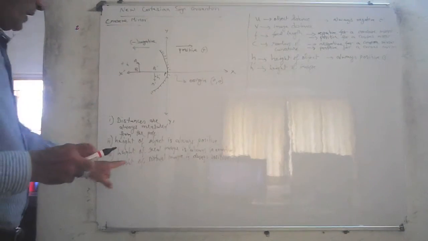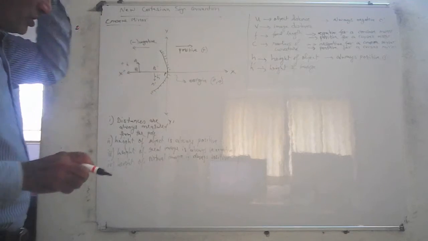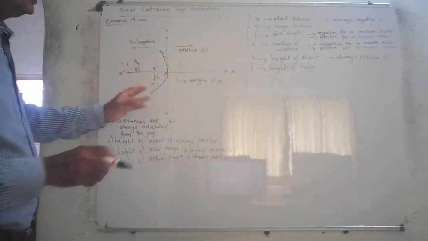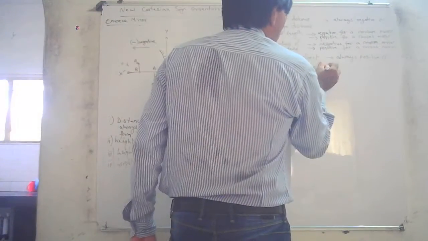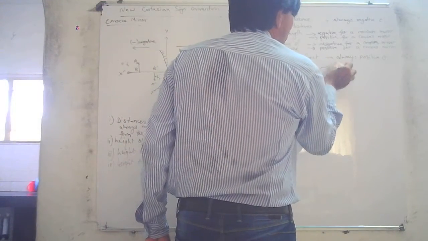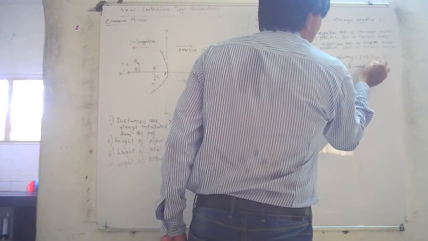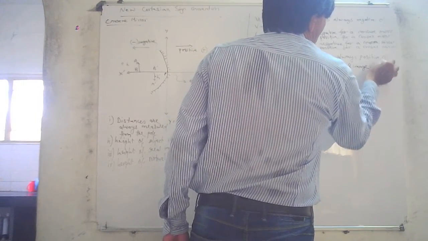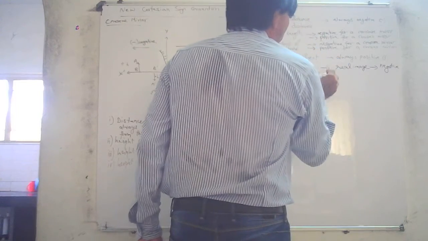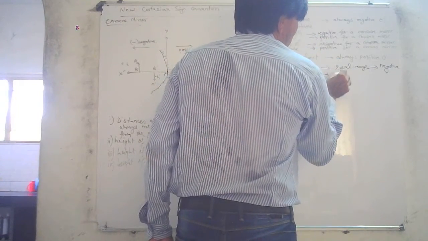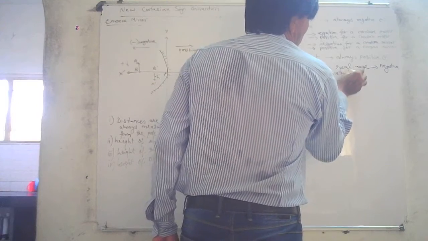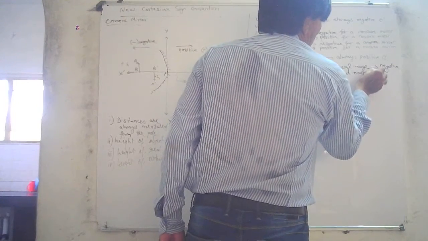Height of a virtual image is always positive because h dash is the height of the image, and this may be negative if it's a real image, and positive if it's a virtual image.